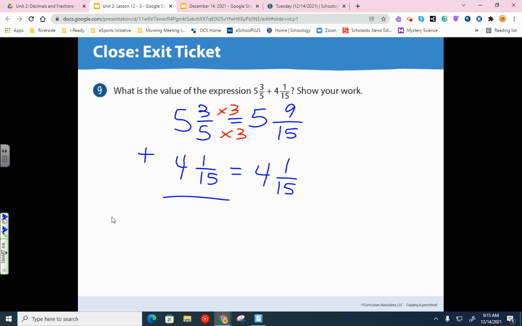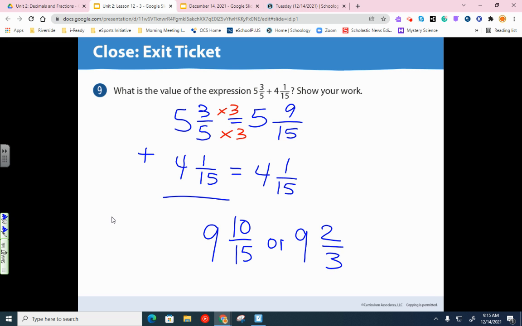So we add up our fractions. I've got 10/15. And add up our whole numbers, it's 9 and 10/15. In this case, I know I can simplify 10/15 because I know 2 fives go into 10, and 3 fives go into 15.